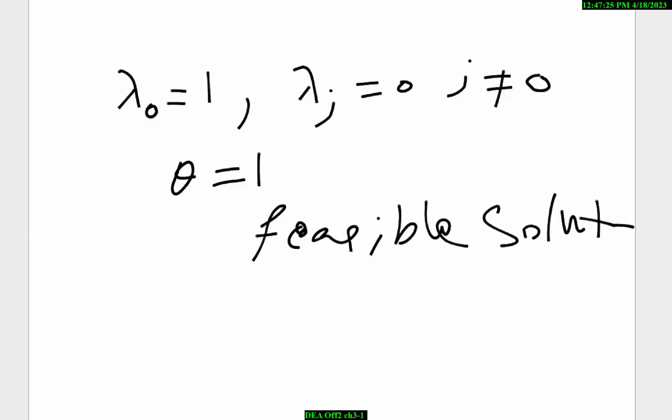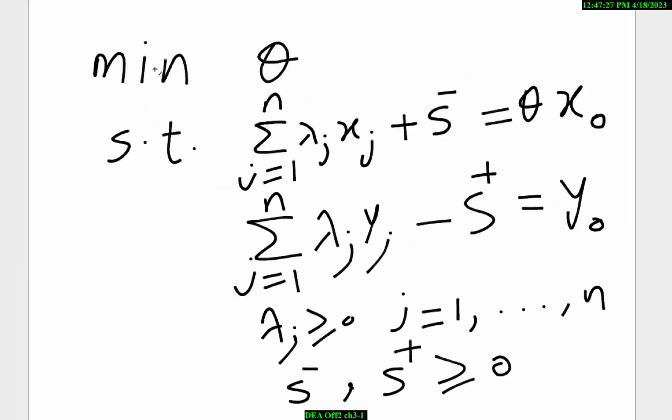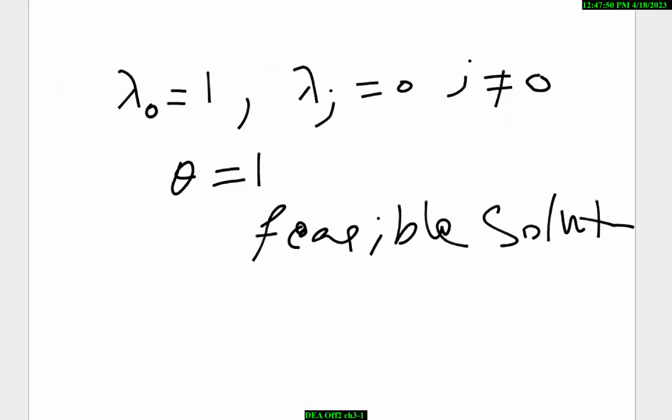Since the objective function is minimizing theta, if we name the optimal value theta star, and the optimal values of the variables also with a star, we know that the optimal value in a minimization is less than or equal to the objective value of any feasible solution.